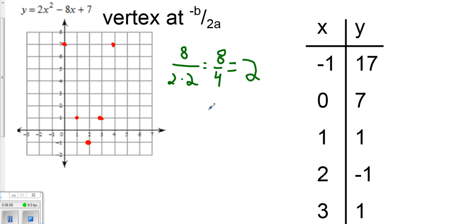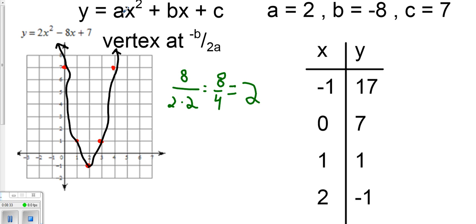Now, unfortunately, from here, negative 1 goes to 17, and so does 5. So those go off the chart, so we can't fit it in. So as we connect these values, oops, missed it a little bit there. This is going to be our parabola. Something like that. So this is our parabola for the ax squared plus bx plus c.